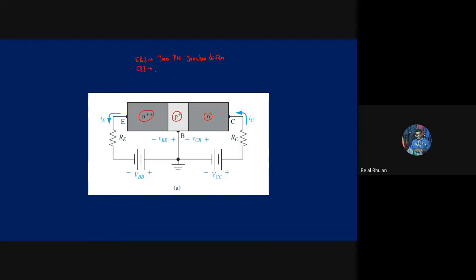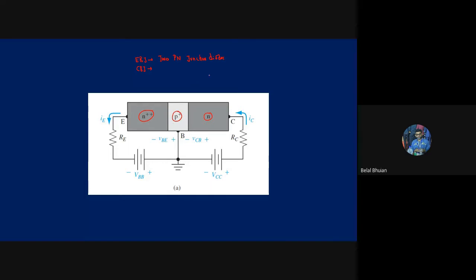As we already learned from our diode concept, if you have one diode, there are two ways we can bias it: forward biased or reverse biased. Similarly, CBJ can be forward biased or reverse biased. So with two PN junction diodes, there are four possibilities: forward-forward, reverse-reverse, forward-reverse, or reverse-forward.